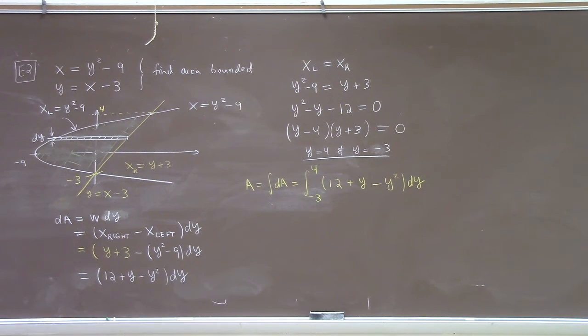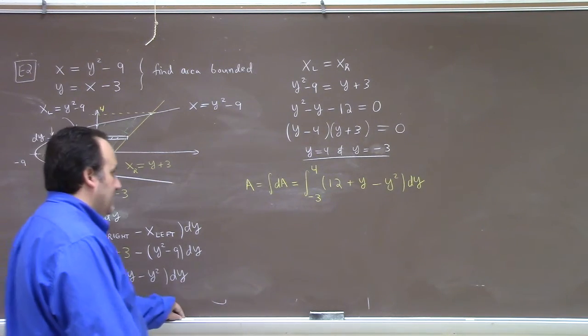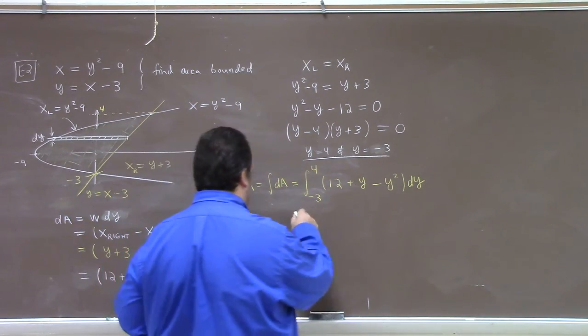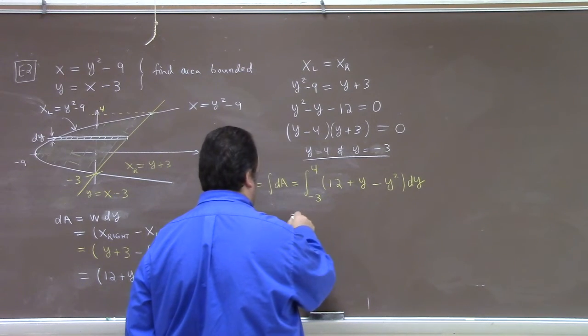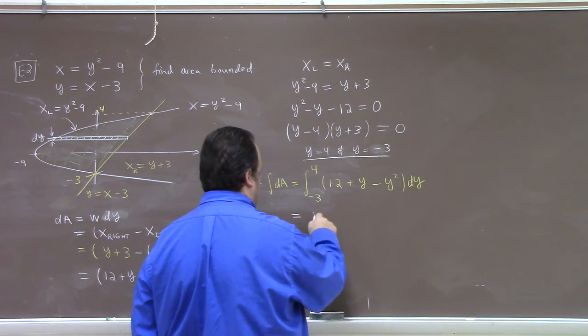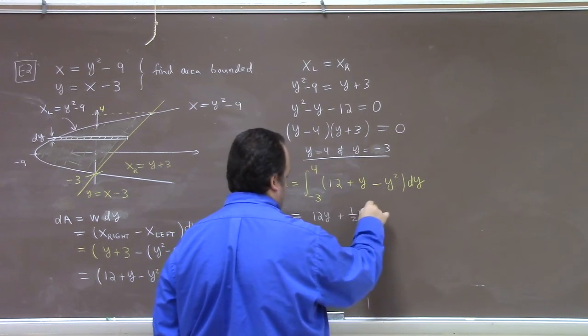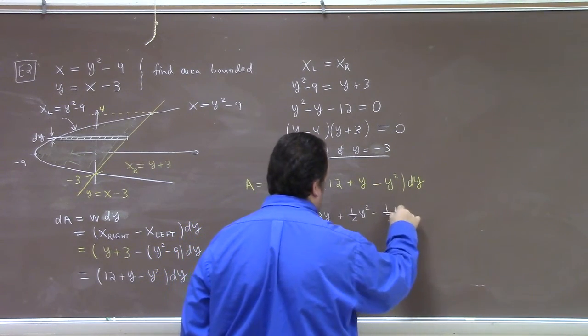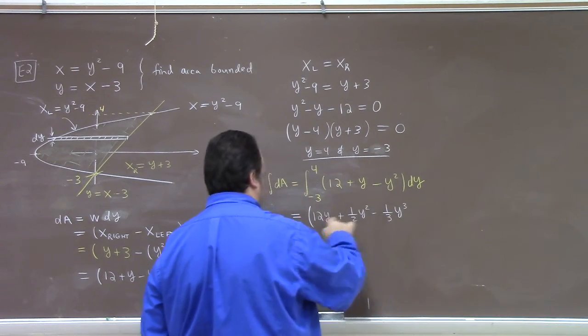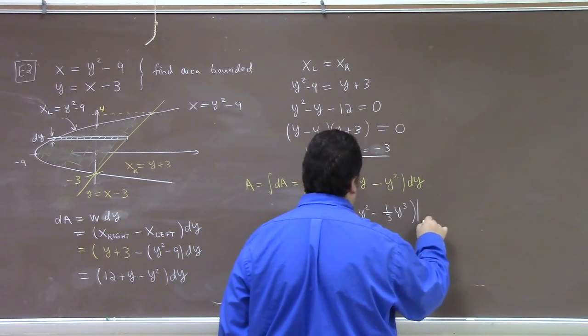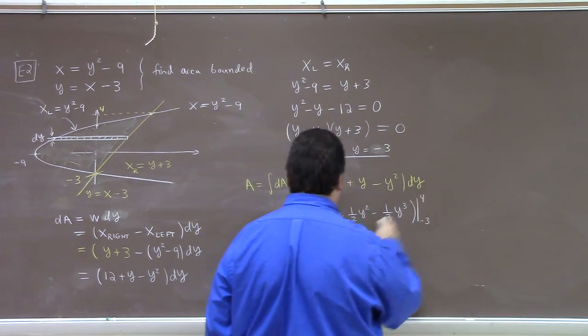Once you get to the integral, it's a walk in the park, right? Which is what? That's 12y plus 1/2 y squared minus 1/3 y cubed. You have to evaluate that from minus 3 to 4.